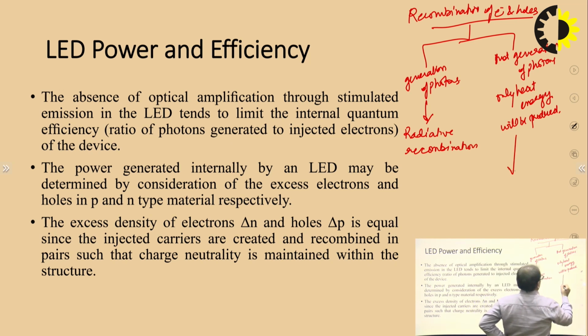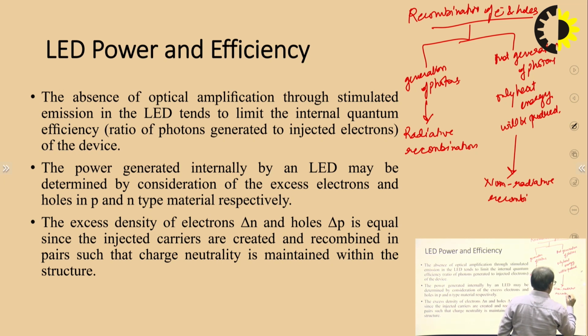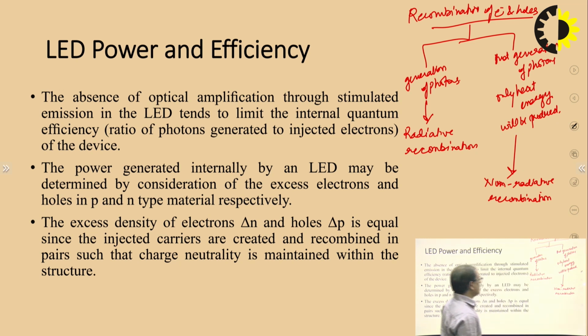And the type in which photons are not generated and heat is generated is known as non-radiative recombination.